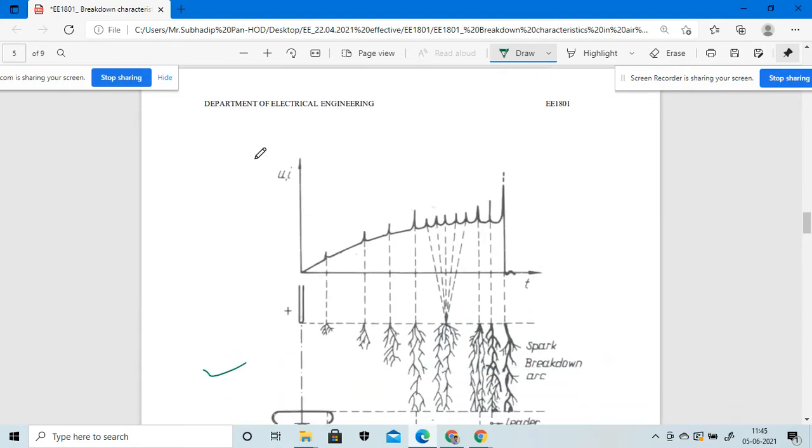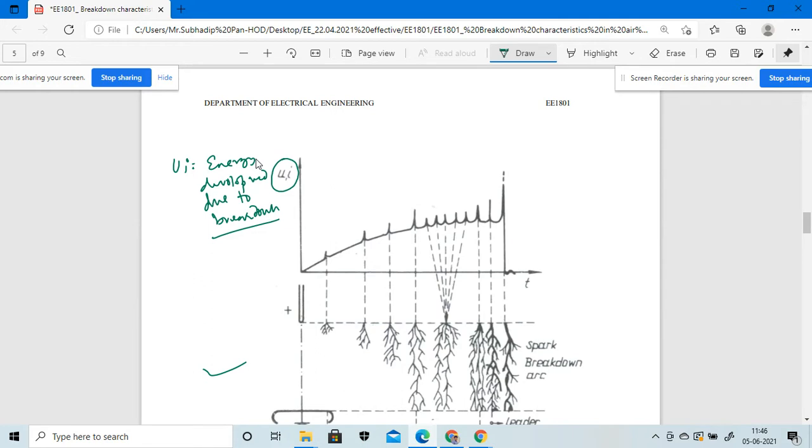This is actually nothing but the energy developed due to breakdown, right?